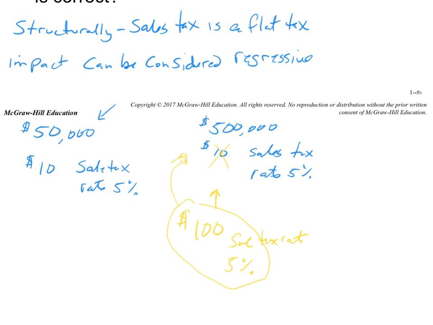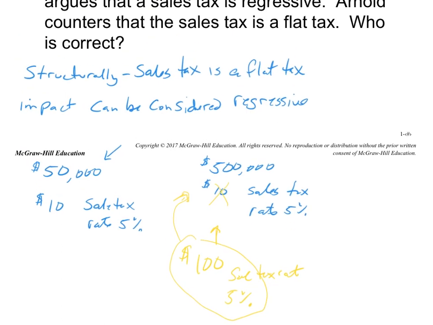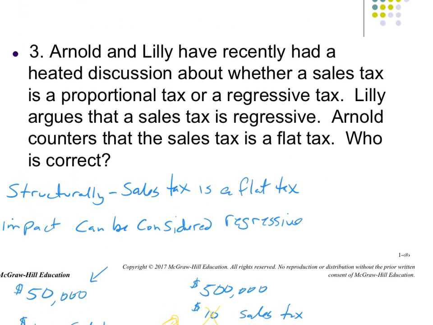So the whole point to talk about this issue is to be able to have a discussion about the impact of sales tax and how different people view sales tax differently.